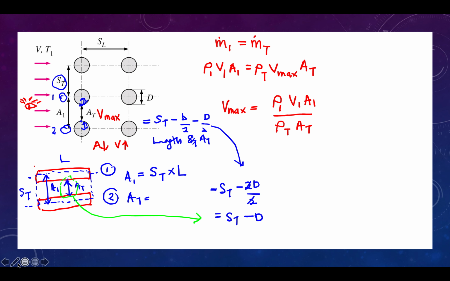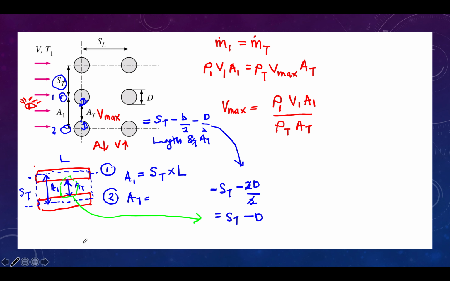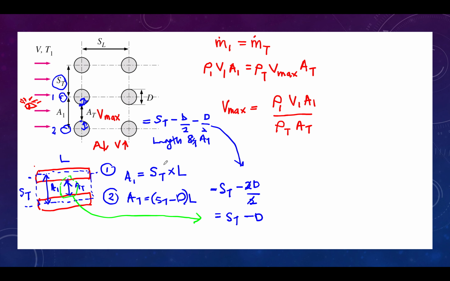Therefore, the area for AT becomes ST minus D times L. So we know both area equations, and then we substitute into this equation.